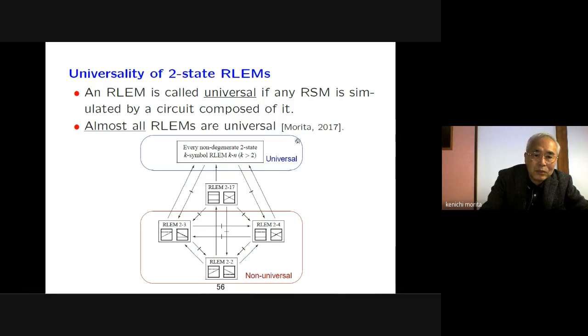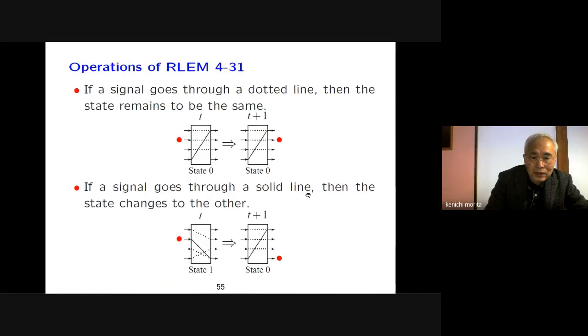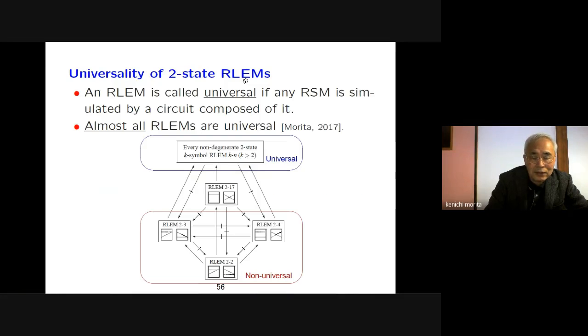And almost all two-state RLEMs are universal. Only 4 are non-universal or unknown. Anyway, RLEM 431 is universal. Therefore, it can construct any reversible sequential machine.